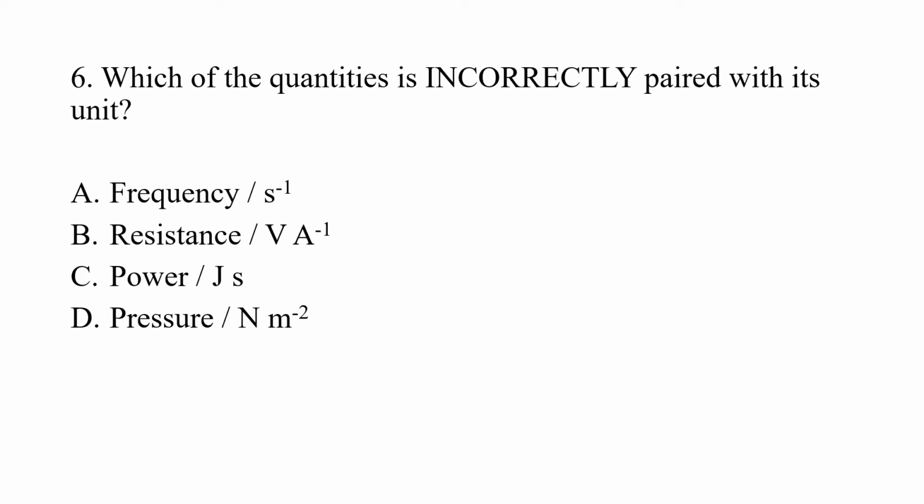We transpose for R and we get V over I, which in essence is volts per ampere. So that is correct. As for power, power is equal to work over time, or joules over time, which in essence would be joules per second and not joules second. So right then and there we can agree that our answer would be C.